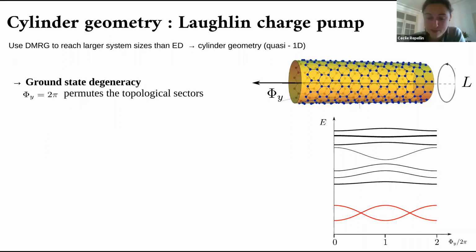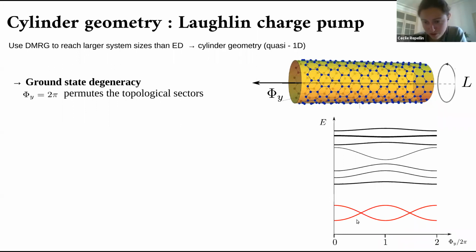First of all, because you have an infinite cylinder, this is still the same genus as the torus, so you still expect, for example, the twofold degeneracy for this Laughlin 1/2 state. And these different states are accessible by inserting flux into the cylinder, which will actually permute the topological sectors.